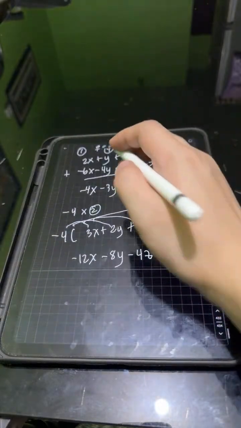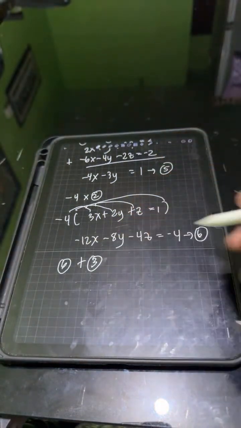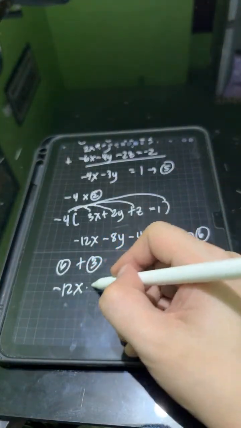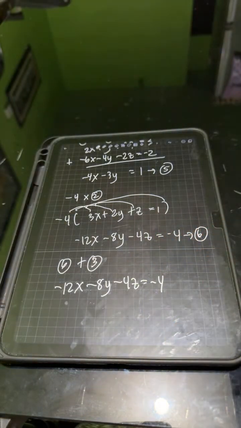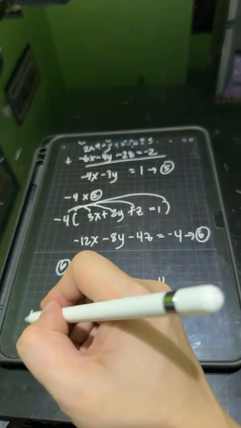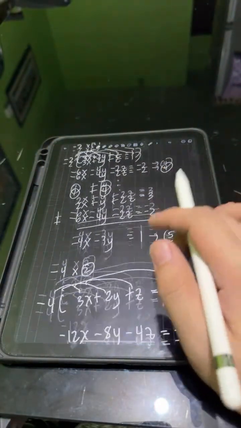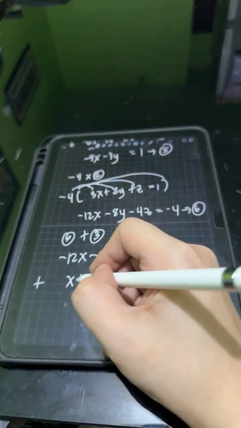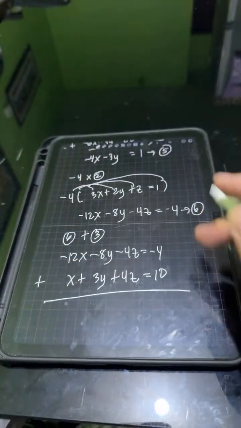So if we add 6 plus 3, equation 6 is negative 12x minus 8y minus 4z equals negative 4, plus equation 3, x plus 3y plus 4z equals 10.